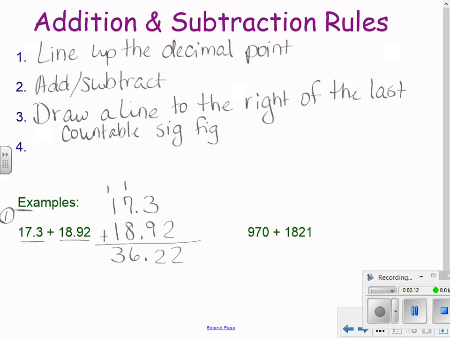In our first number, 17.3, the 3 is the last countable sig fig, so I'm just going to draw a little line after it. That means my measurement was precise enough to the tenths place. In our second number, 18.92, the 2 is the last countable sig fig. It's precise to the hundredths.